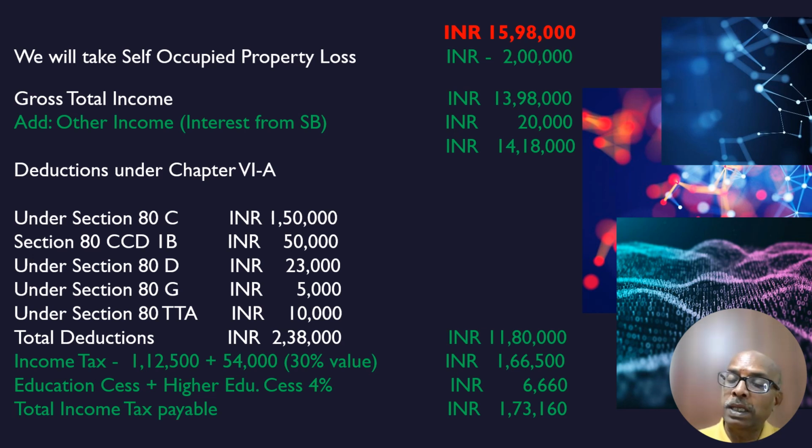He has to pay 12,500 for up to 5 lakhs tax, and for 5,000 at 20% is another 1,000. So 13,500 plus 4% thereof, which is another some 500. So you end up paying some 14,000 rupees.